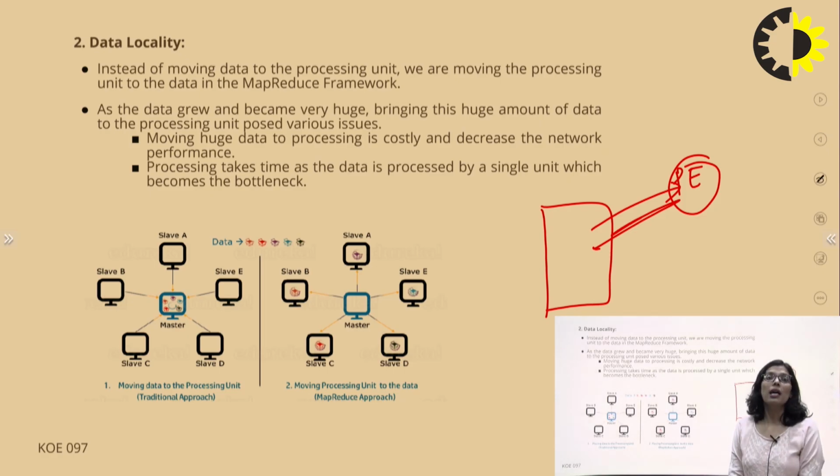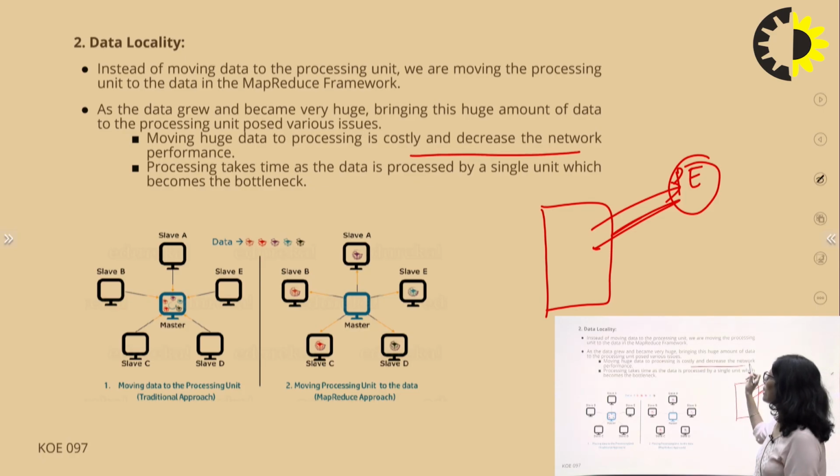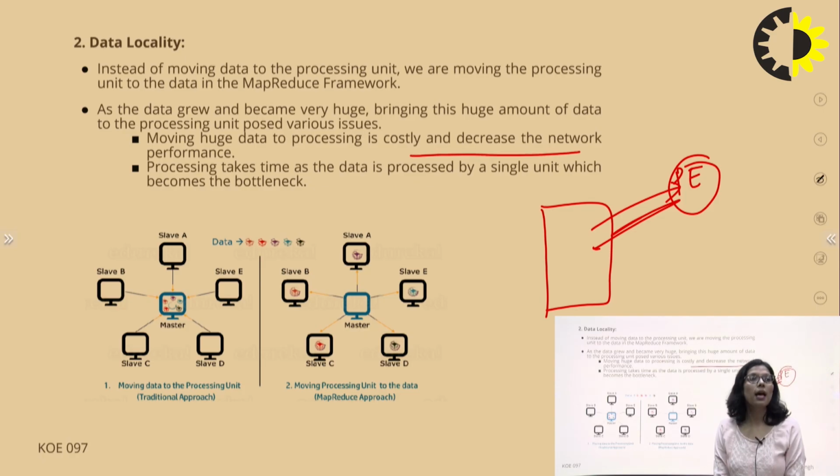Why? Because if we bring the data to the processing unit, network traffic increases, and when network traffic increases, it becomes difficult to manage. So it is better to bring lightweight processing logic to the data to increase performance. Moving huge data to processing is costly and decreases network performance, and the processing task also takes time.